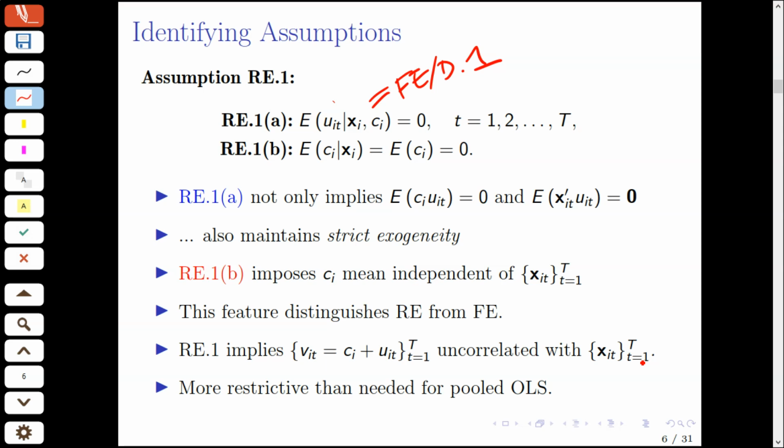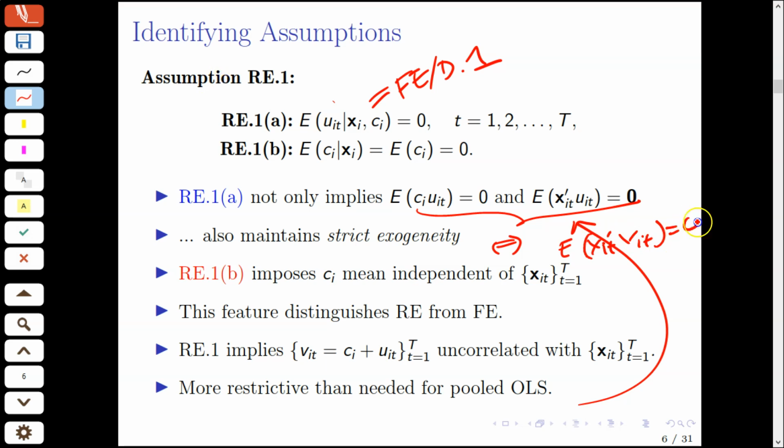This is much more restrictive than what is actually needed for pooled OLS, which were precisely these two conditions up here, amounting to uncorrelatedness. Hence, under these assumptions, we may do pooled OLS, but we may also be willing to do something else. That is, if we believe in this assumption, we may be willing to impose additional assumptions in an attempt to achieve a more efficient estimator.